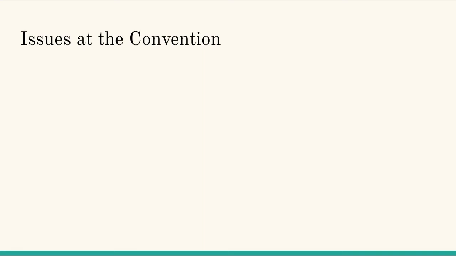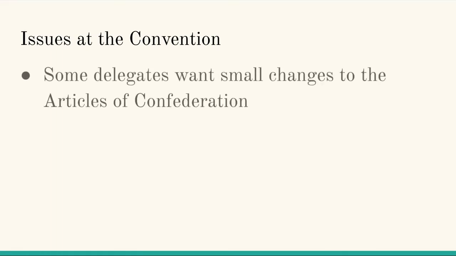Also, feel free to pause this video to make sure you're getting the notes down that you need. Some of the issues at the convention, meaning some of the things that were up for debate, were, first, just like the Continental Congresses that we talked about last unit, not every delegate wants exactly the same thing.